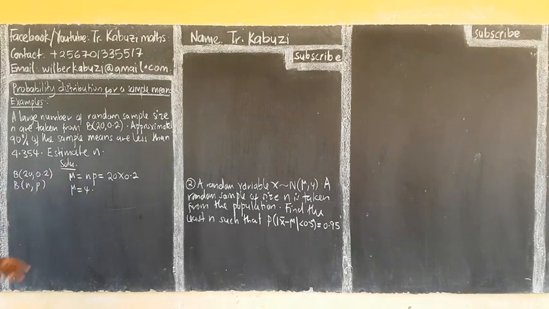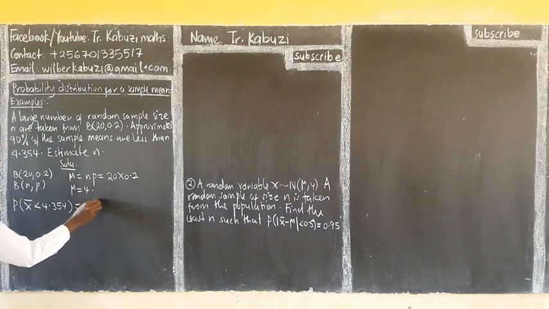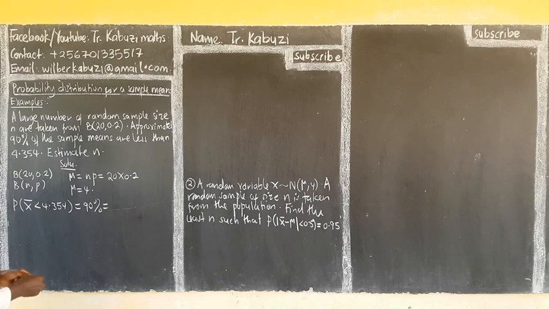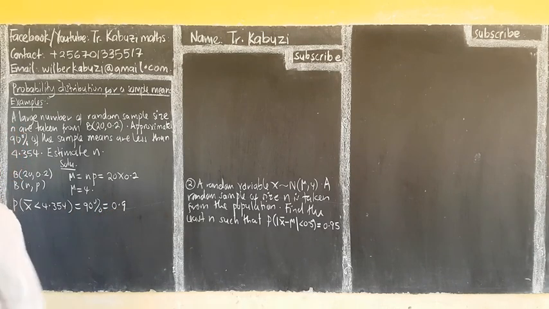Now they are telling us the probability that approximately 90% of the sample means are less than 4.354. So in simple terms, they are giving us the probability in terms of percentage, and this will be 0.9.